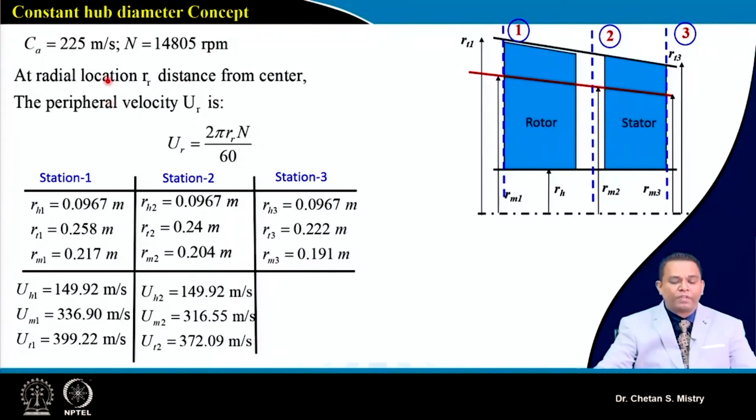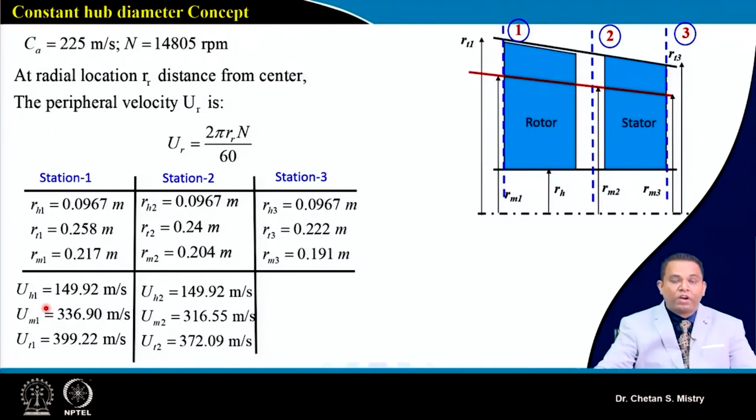Now this is the configuration we have decided, with our axial velocity of 225 meter per second and our peripheral speed written as 2 pi r n by 60. Here our rotational speed we have considered as 14,805 rpm. This gives me dimensions at different stations, and we need to be very careful here at hub, at mid station and at the tip station.